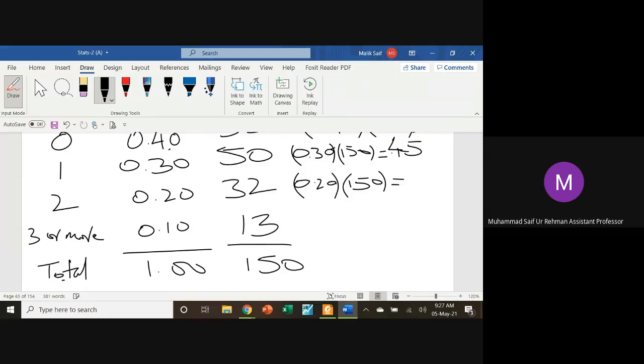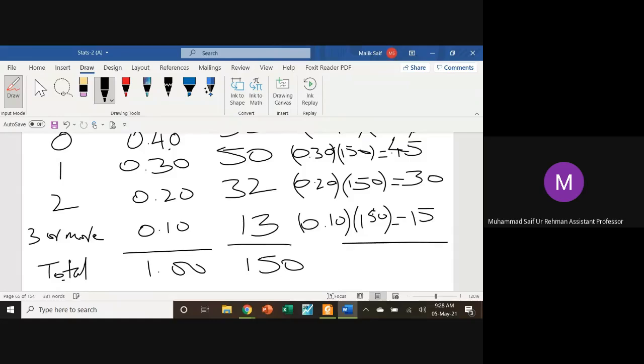So see what is the answer. 150 multiplied by 0.2, 30. Then 0.10 multiplied by 150. The answer is 15.